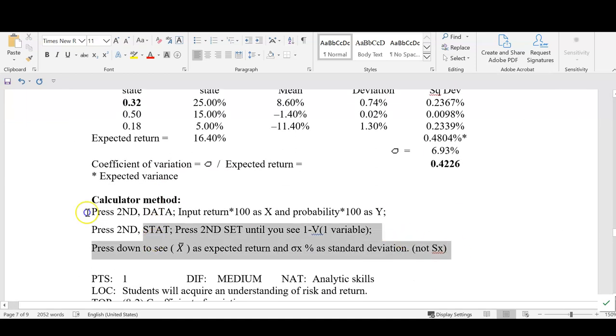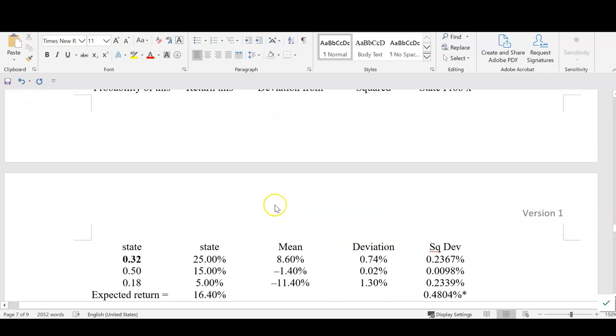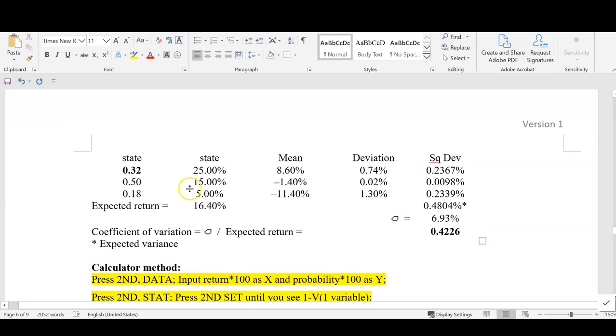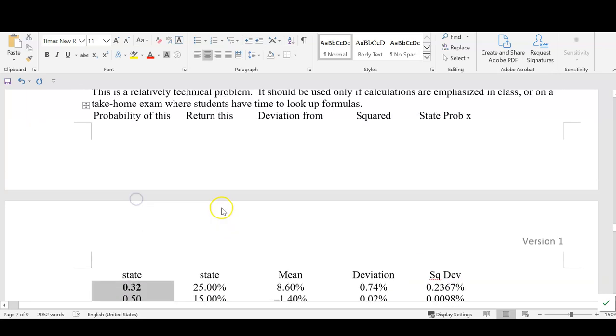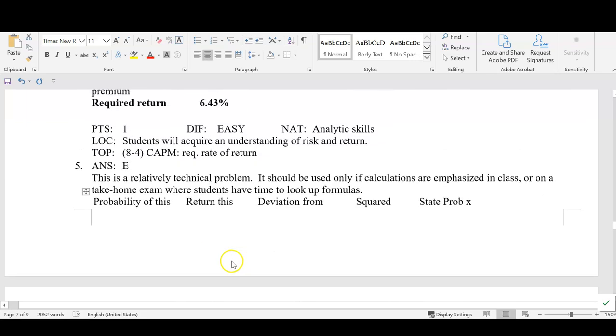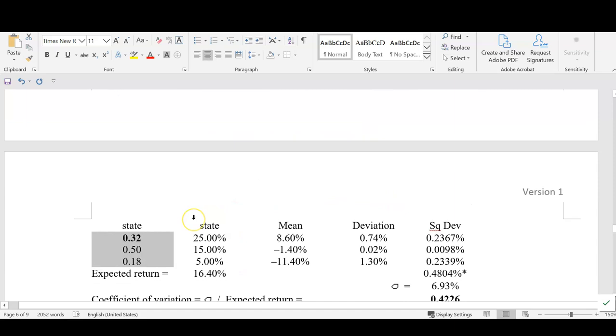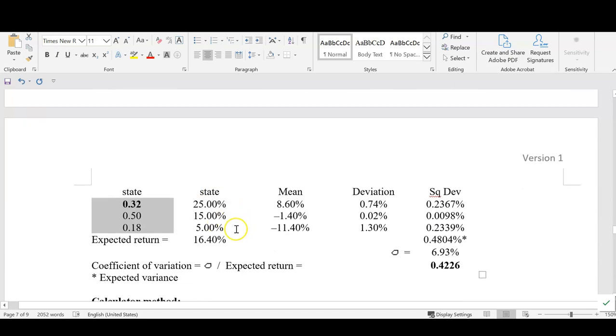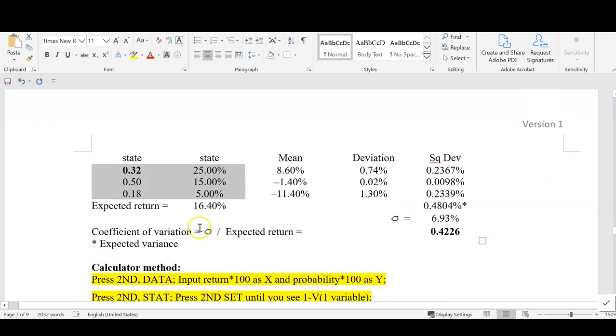We have a similar procedure in question 5 as in question 3. Here we have 3 probabilities of 3 states and 3 returns.